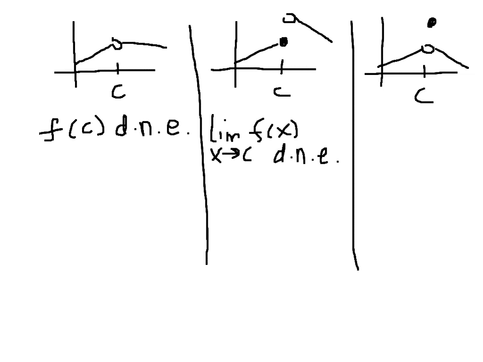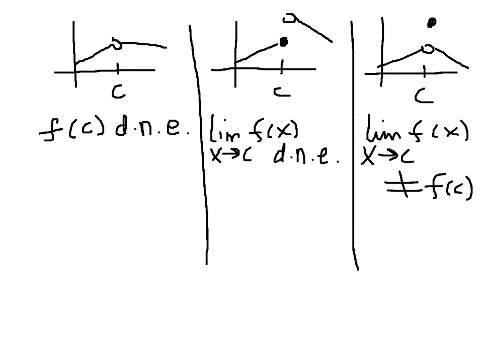And the third graph is probably the most interesting because in this case this function fails to be continuous at x equals c because the limit as x approaches c of f of x does not equal f of c.